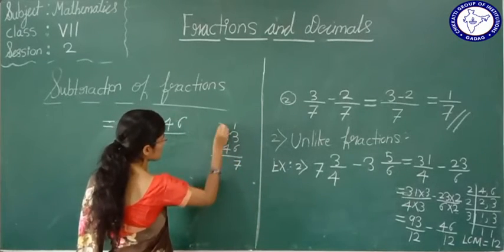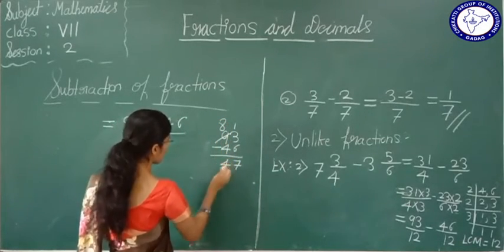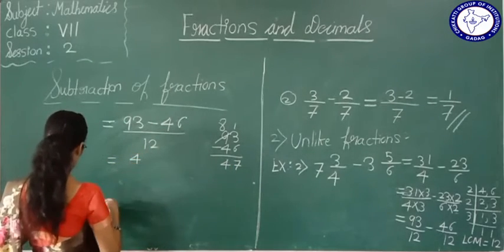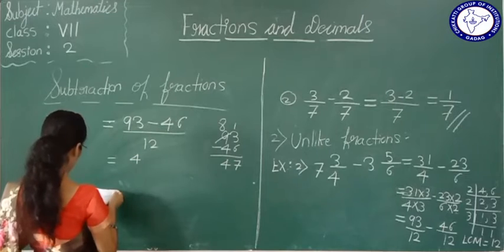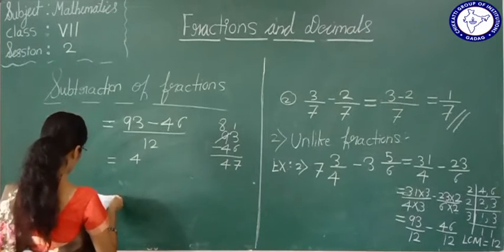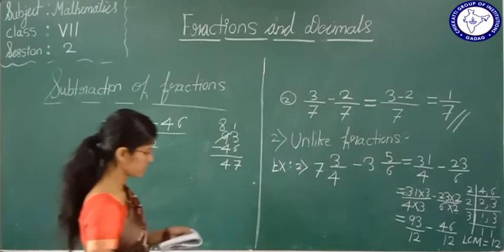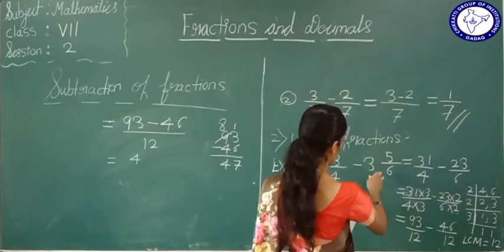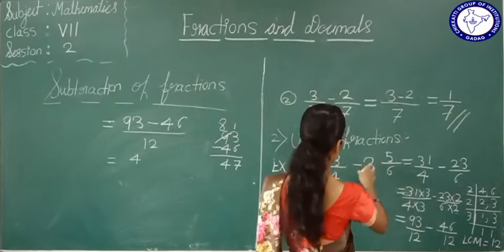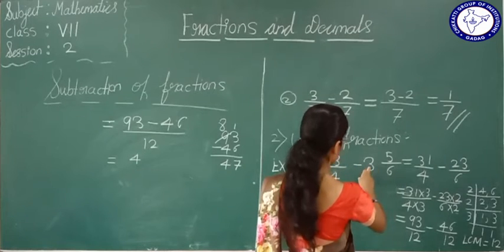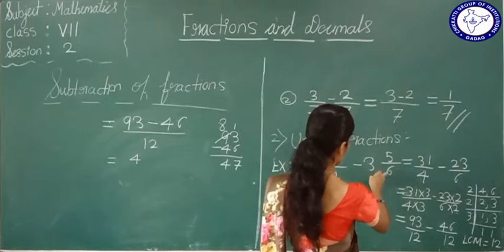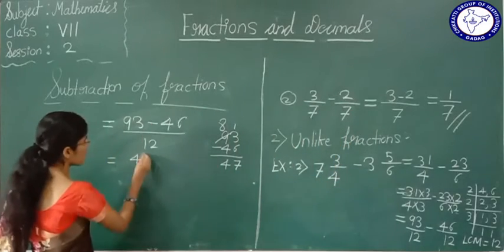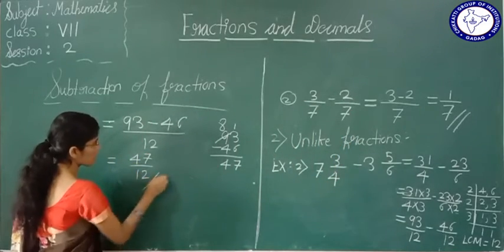Here it will be 8. 8 minus 4 is 4. It will be 47. Okay, now see it will be 47 by 12.